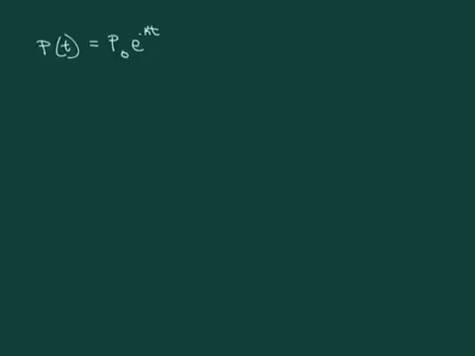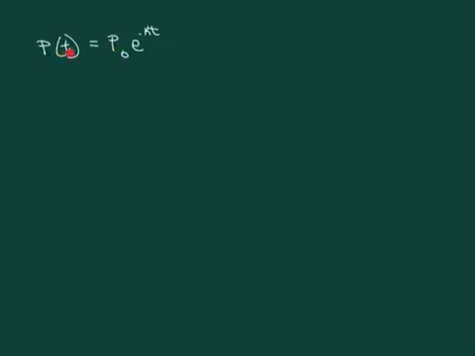The half-life is 5,750, so what we have left will be half of what we started with in 5,750 years. That's what half-life is. How many years did it go from its original amount of carbon to half of it?